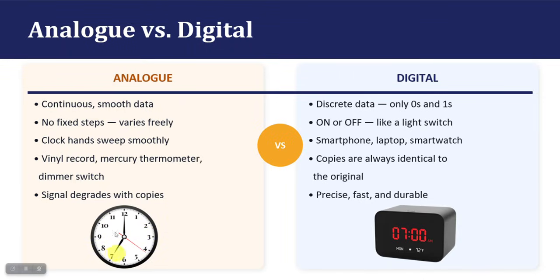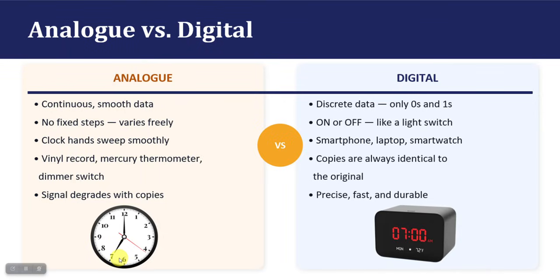Look at the clock here on the left, an analog clock. Its hands sweep smoothly and continuously around the face. There are no fixed steps. The second hand just flows.